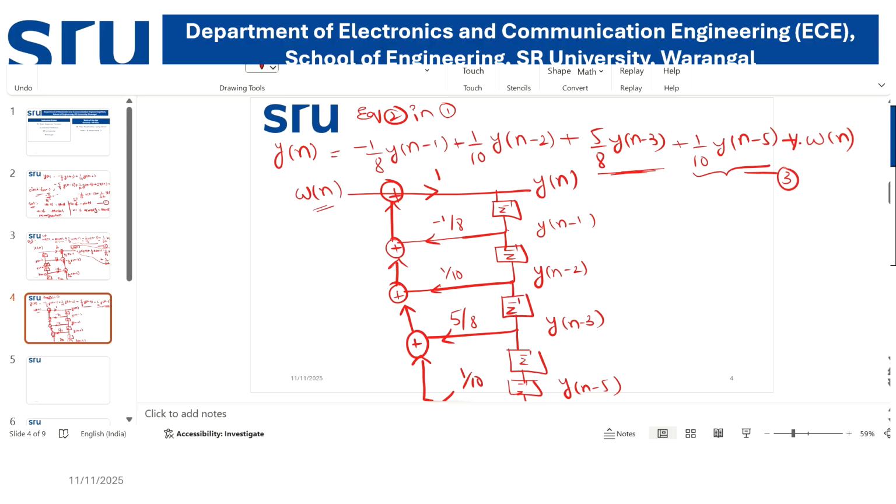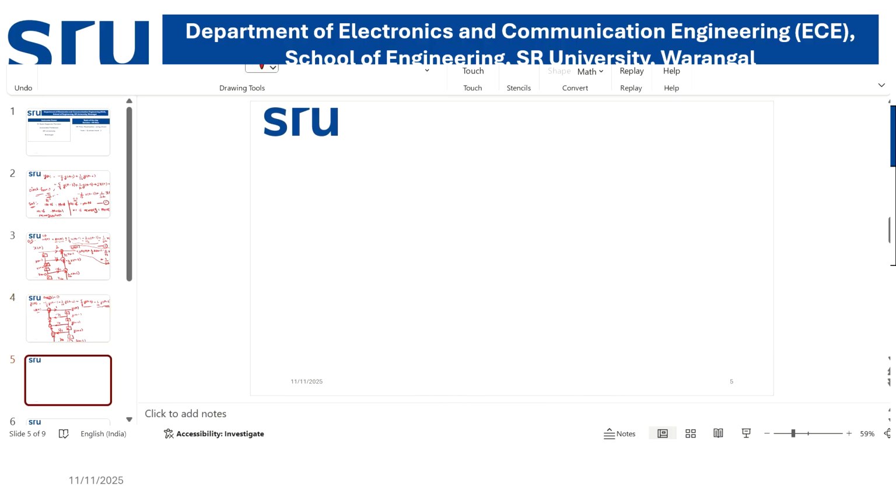This is the realized equation number 1, that is the overall circuit. So whatever we have drawn for equation number 2 as well as for equation number 3, the combined circuit is a realization for the given difference equation. Now if I draw the combined circuit, first the input is x of n and the output is y of n. So the same circuit we are combining with w of n. So w of n is the output here.